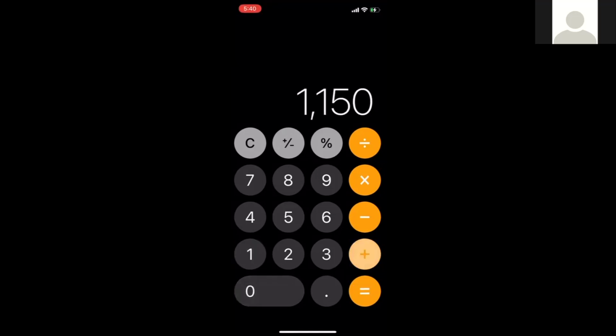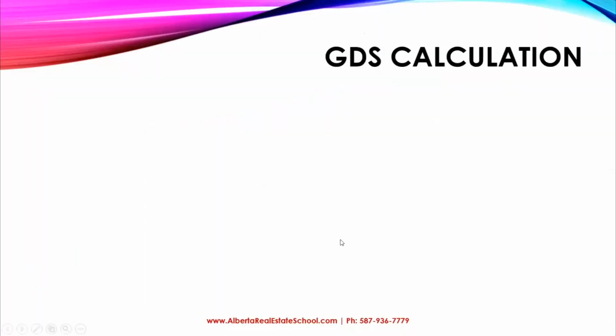We have heating costs of $75, plus half of the condo fees, so $100 for the condo fees. So our total here would be $1,325. And then we divide that by our gross monthly income, which in this case is $10,000. And we get 0.13. So multiply that by 100 and we get 13.25. So that would be our GDS ratio here.